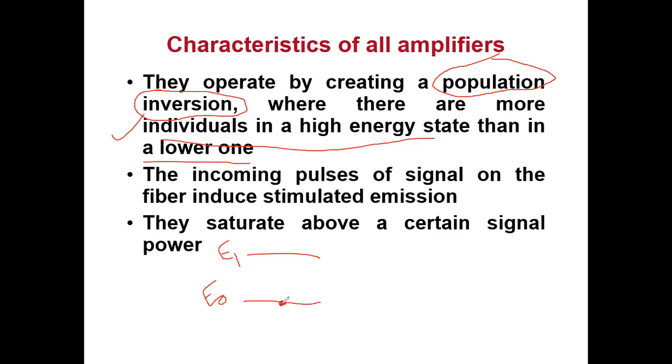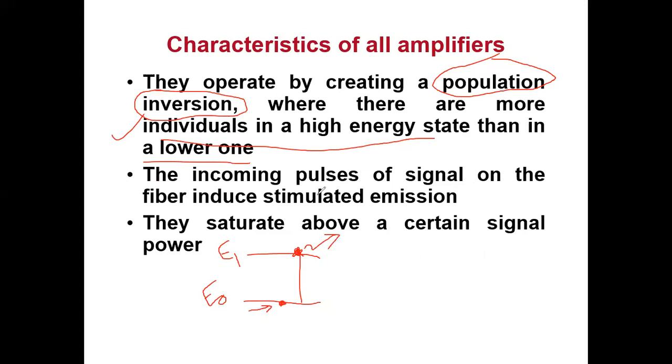So due to spontaneous emission क्या होगा, an incoming photon strikes the particular photon. This photon gets excited and it moves into the higher energy level. Okay, and when it moves to the higher energy level, it releases a photon. So I get the light signal.